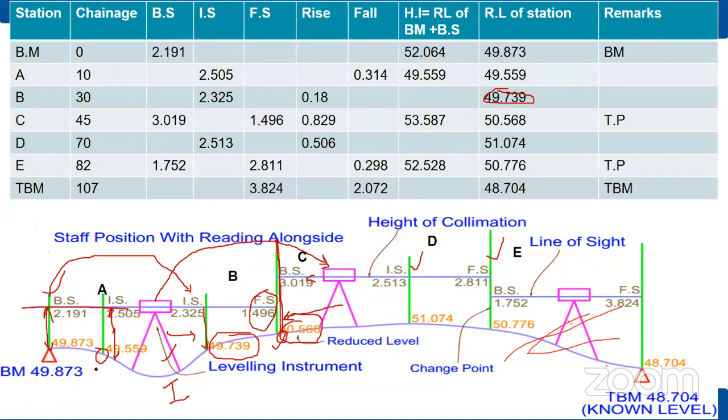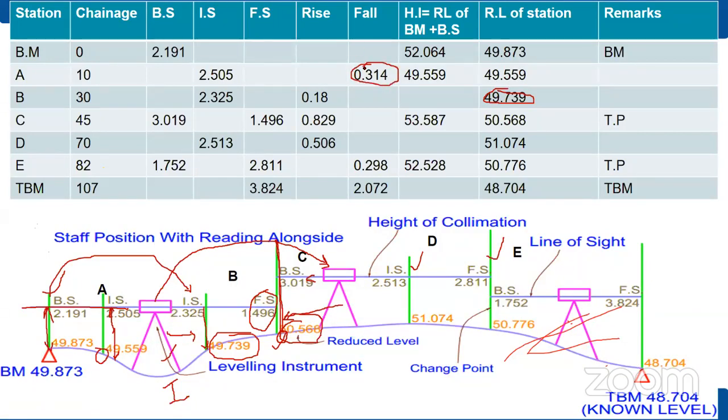Rise and fall method means whether the relative elevation is falling or rising with reference to different points. Like a benchmark is there, this backside and this intermediate sight. See, 2.191, this is 2.505. Yes or no? 2.505 means the point is at a lower elevation. So 2.191 minus 2.505 is a negative value, so it is a falling gradient.